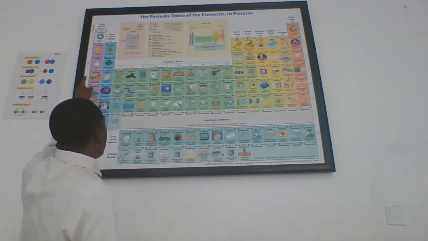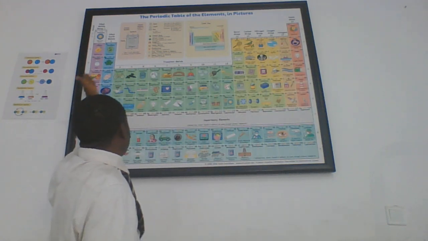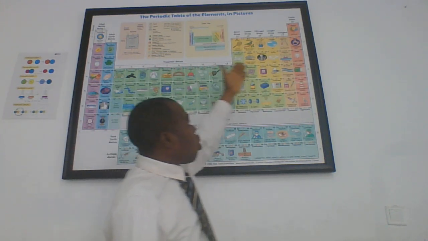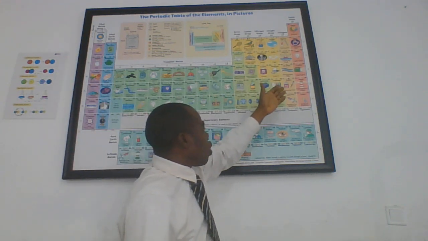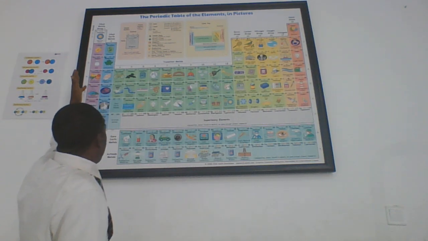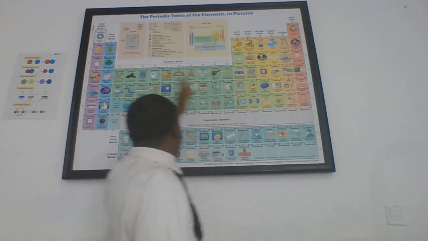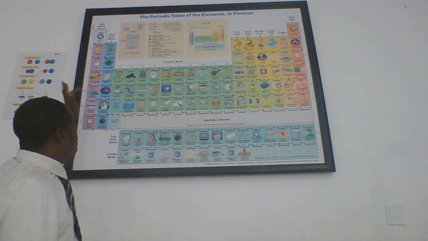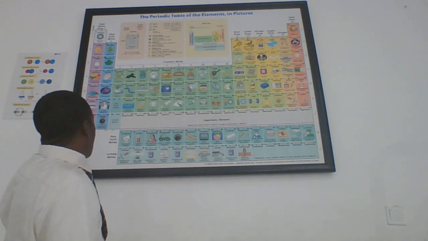Now, looking at it again, I said we have 7 periods. So the second period is from lithium up to what? To neon. And the third period, we have sodium to argon. And the fourth period, potassium up to krypton. And the fifth period, we have rubidium and moving on to what? Xenon. And we have the sixth period, we have cesium, and we move on to what? Radon. And the seventh period, we have the what?